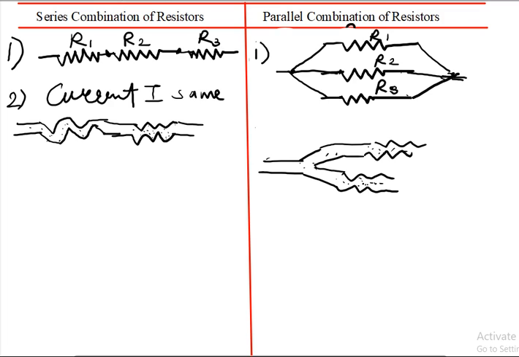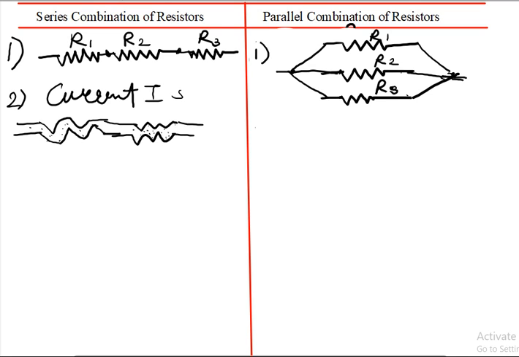If they are parallel, a different amount of flow is there. So in a parallel combination of resistors, the current will be different. We can consider this as a second point of difference.